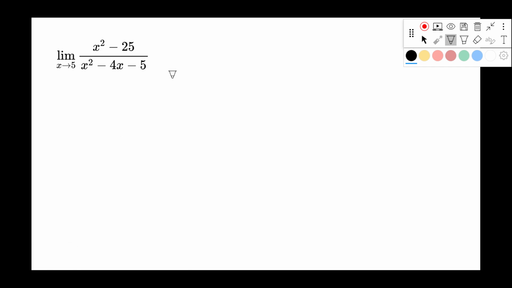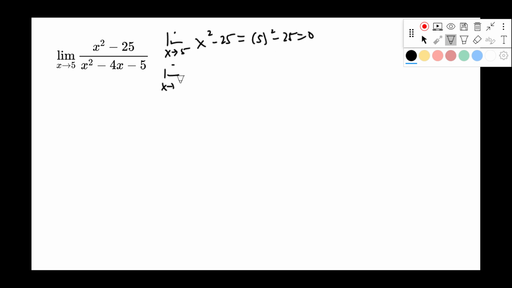Let's try the limit as x goes to 5 of x squared minus 25 over x squared minus 4x minus 5. So first thing we're going to do is split the limits. X squared minus 25 as x approaches 5 gives me 0.